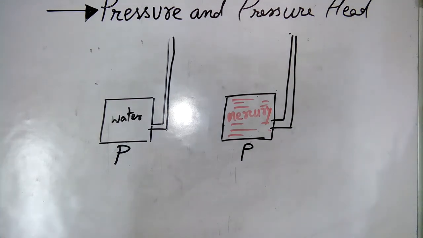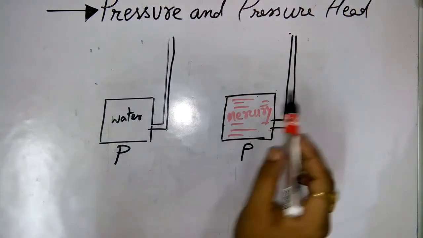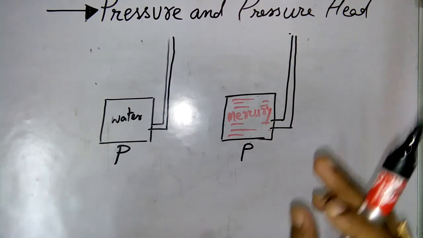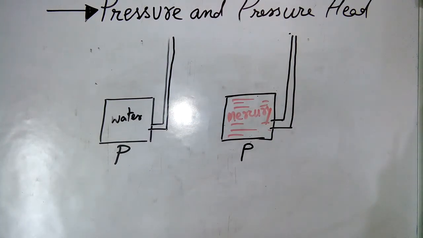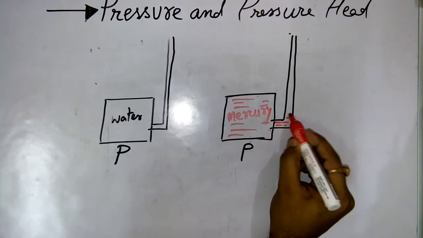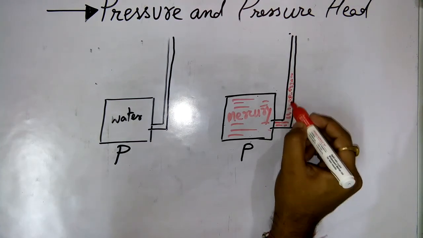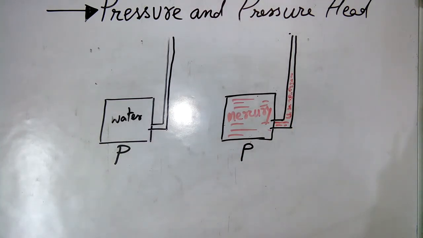I am telling you that the dimensions of these two tubes are the same: cross-sectional area, length, everything is the same. Will mercury rise to a greater height or will water rise to a greater height?